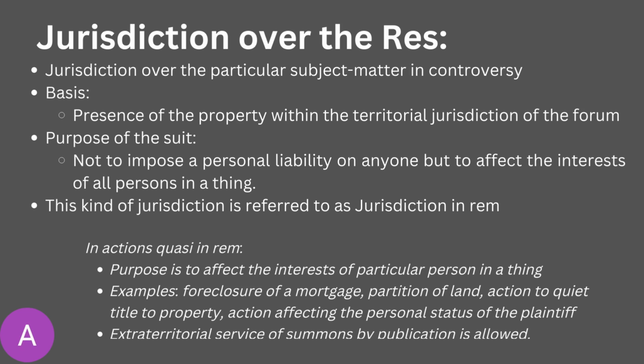In such case, the court may render a valid judgment when it has jurisdiction over the specific res and the particular persons whose interests are affected. Examples are foreclosure of a mortgage, partition of land, or an action to quiet title to property. An action affecting the personal status of the plaintiff is also classified as an action quasi in rem.